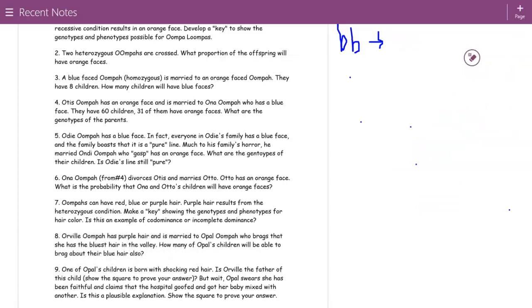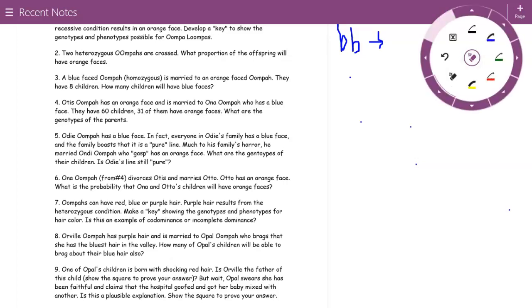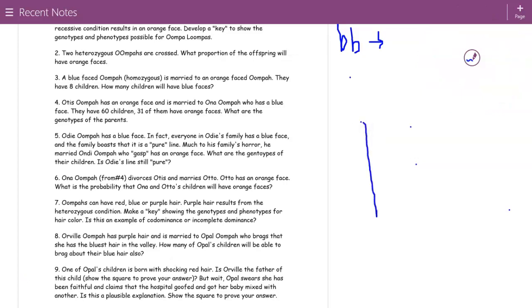All right. Next question says, a blue-faced Oompa is married to an orange-faced Oompa. They have 8 children. How many will have blue faces? I don't know. This is just probability, right?